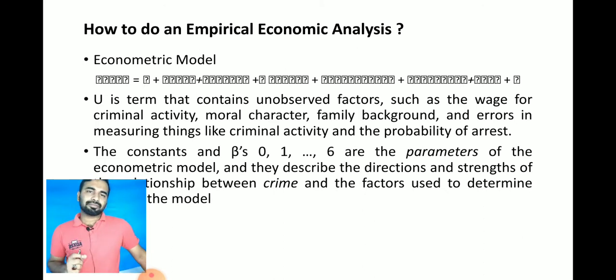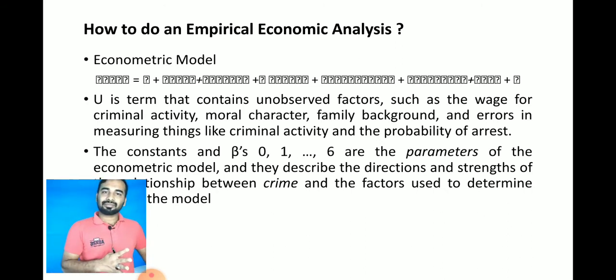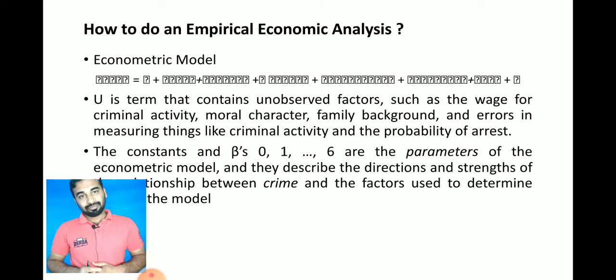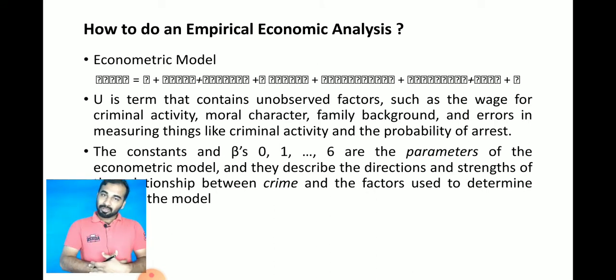The equation would be: y, meaning hours spent in criminal activity, depends on reward from criminal activity, plus reward from legal employment, plus income from other sources, plus probability of being caught, plus probability of being convicted if caught, plus years of sentence, plus age, plus random error term. Okay, so this would be our model.